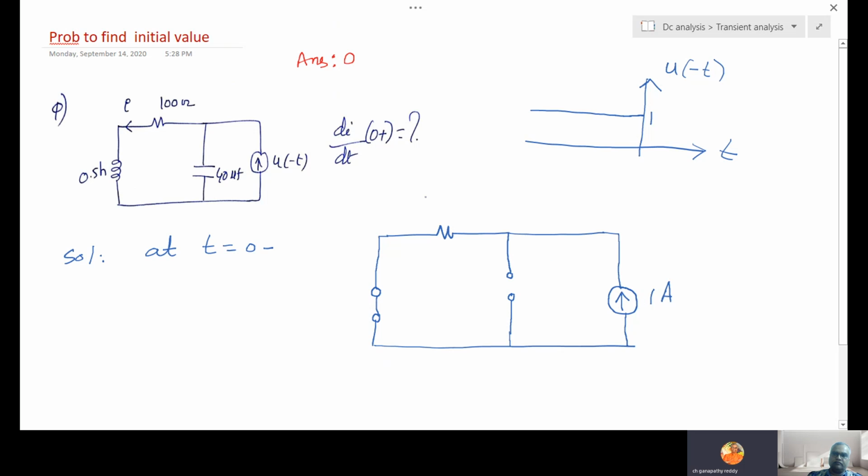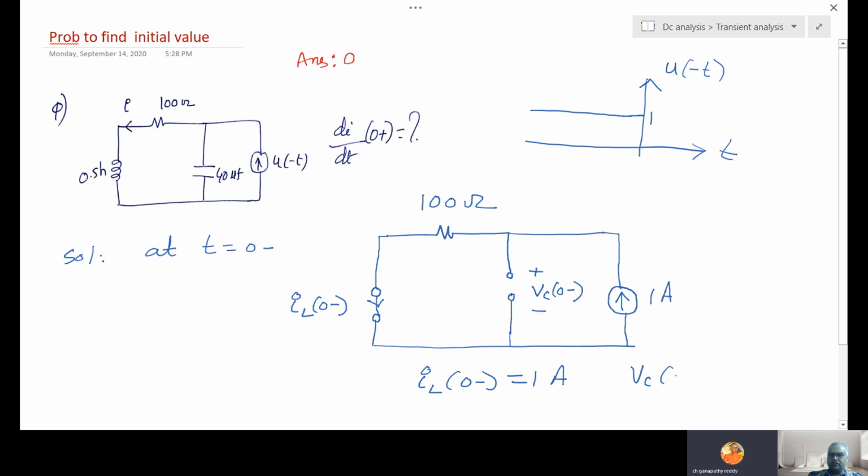So, 100 ohms. And always what we find here: for capacitor, Vc at 0 minus; for inductor, we find IL at 0 minus. So this is 1 ampere, which means what is IL at 0 minus? Looking at this circuit, IL at 0 minus equal to 1 ampere.